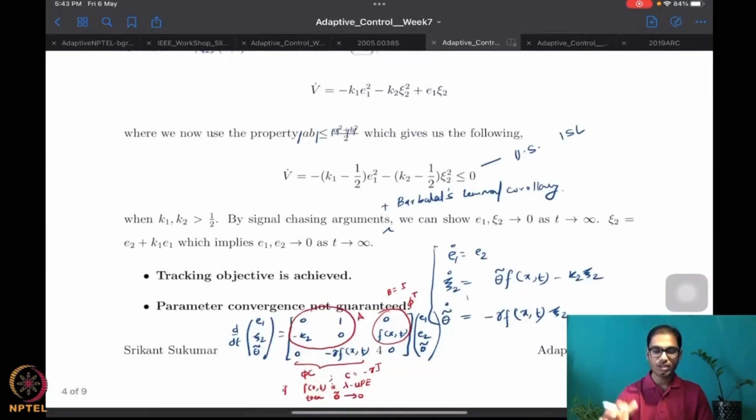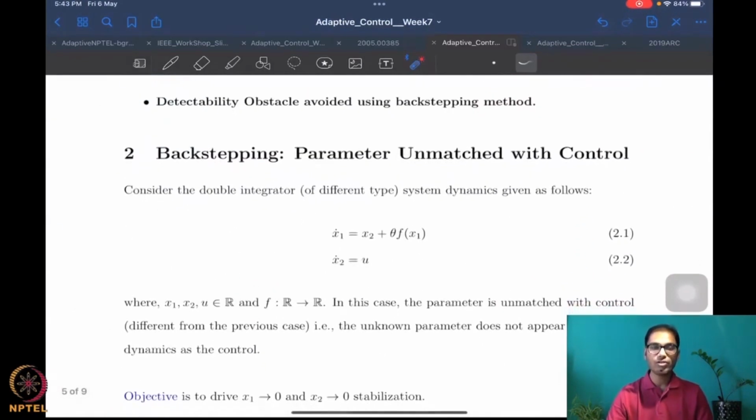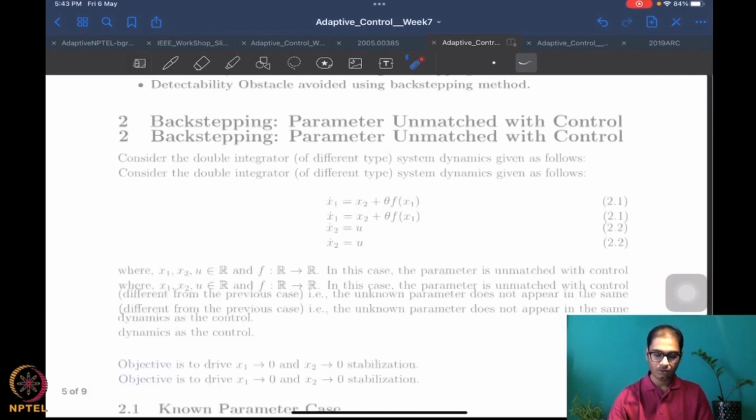And we also looked at a little bit of how to talk about persistence, right? So basically we did all that for the matched case, and then we moved on to the case of parameter unmatched with the control, right?